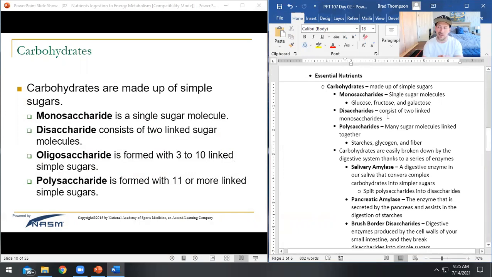Then you've got disaccharides. Disaccharides are two monosaccharides linked together. So if you have glucose plus glucose, you have lactose. If you have glucose plus galactose, you have maltose. And if you have glucose plus fructose, you have sucrose.